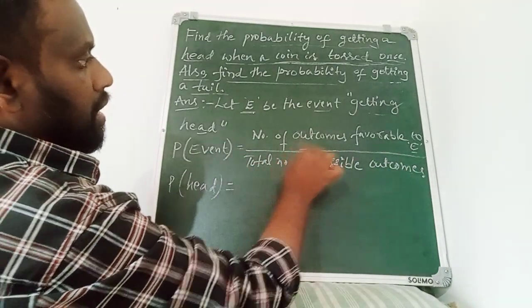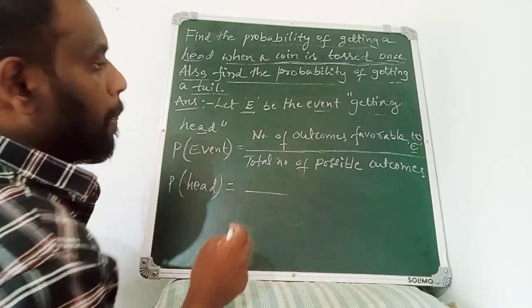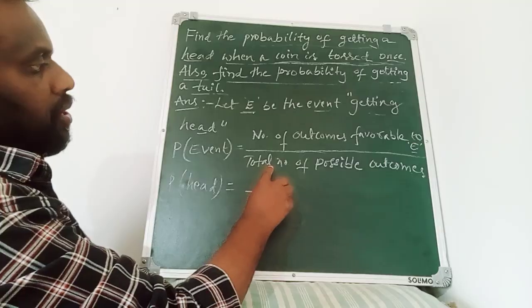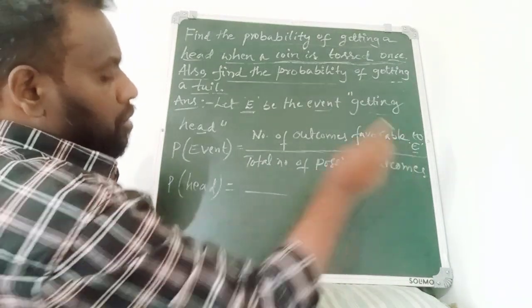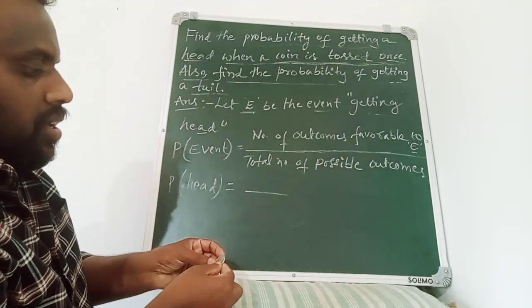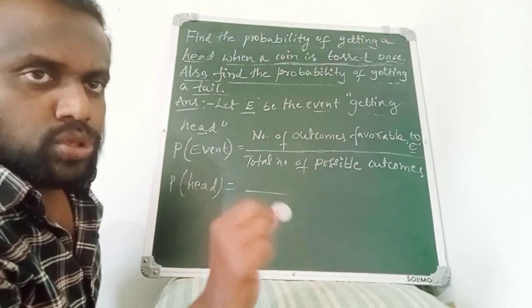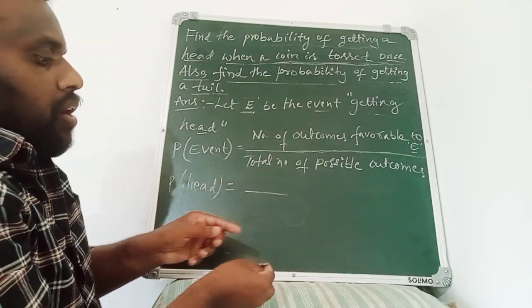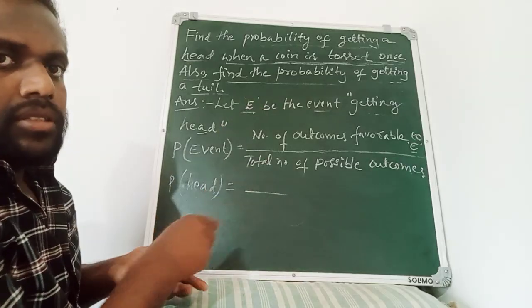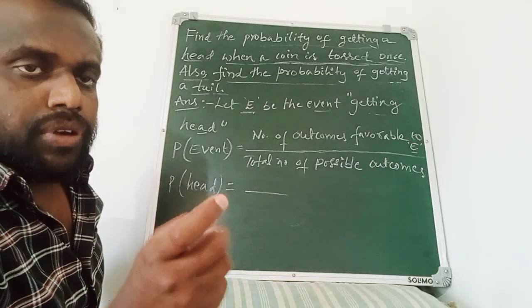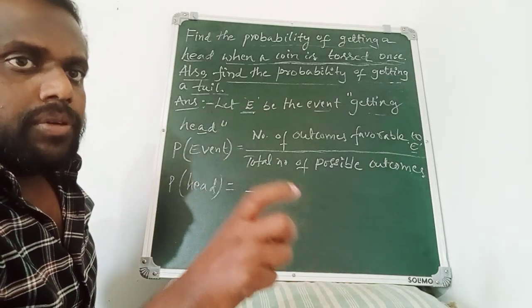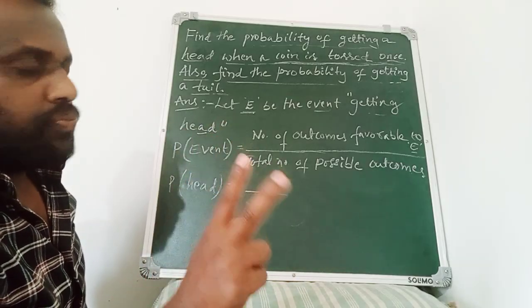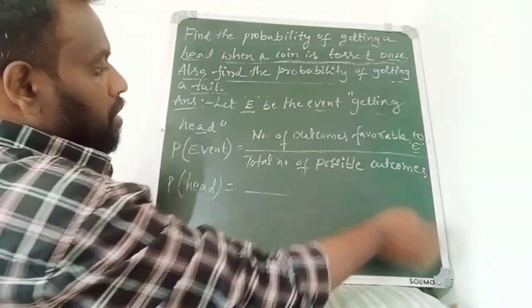First I will write the division line. First we will find the total number of possible outcomes. A coin has two sides, one is head, another one is tail. When a coin is tossed like this, we will get either a head or a tail. There are two chances. So the total number of possible outcomes is 2.